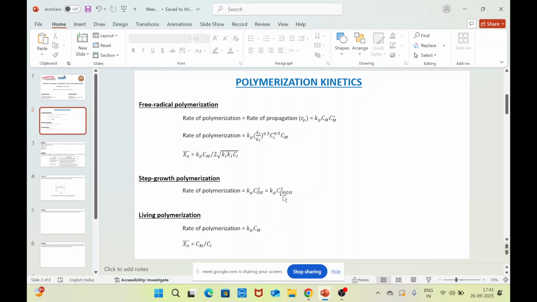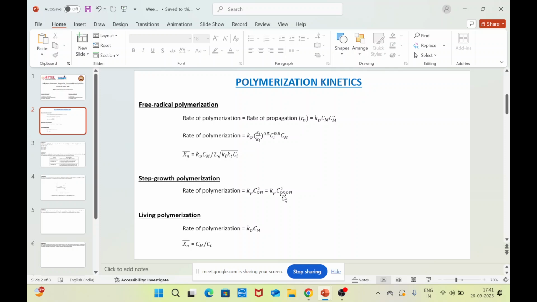Examples could be solution polymerization, bulk polymerization, precipitation, suspension polymerization, emulsion polymerization, and gas phase polymerization. Each of these techniques has its own advantages.